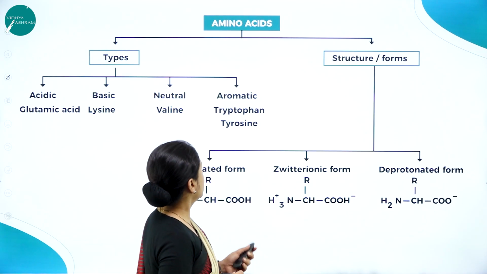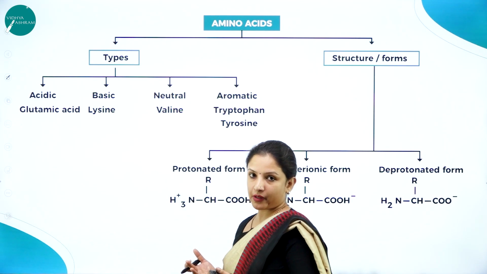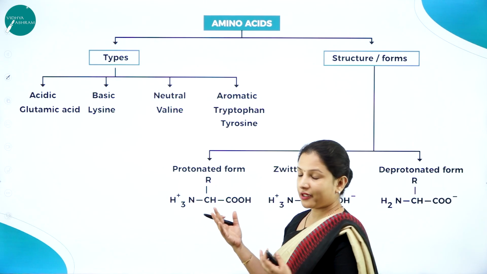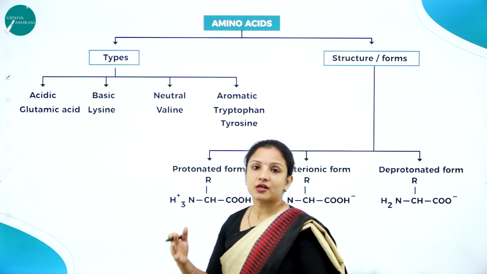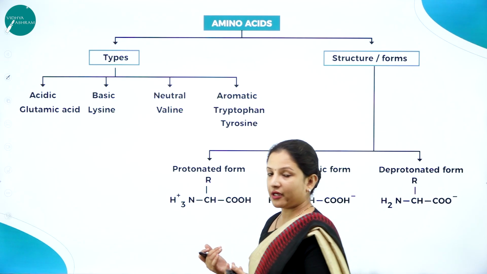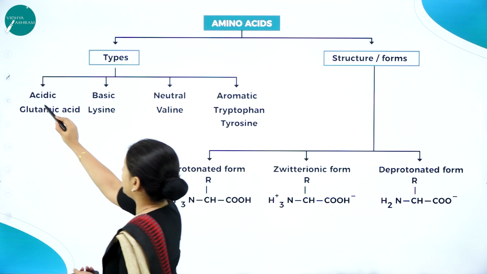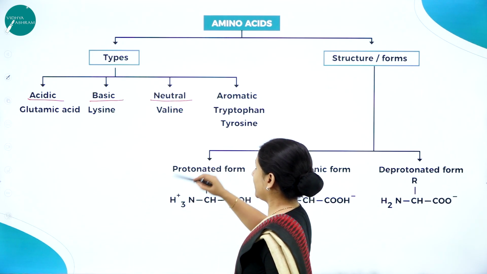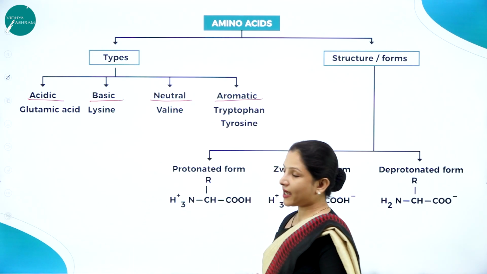Now moving further, we'll study each of the biomicromolecules, starting with amino acids. What are the different types of amino acids, and what is the structure or forms of amino acids? The types of amino acids can be acidic, basic, neutral and aromatic amino acids.